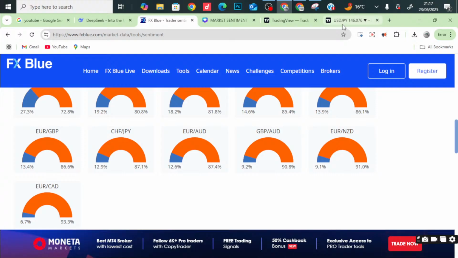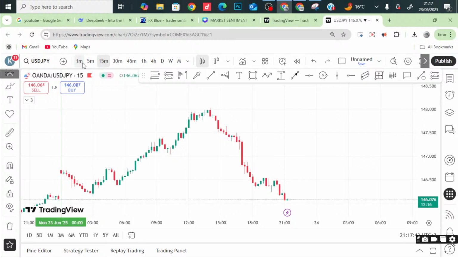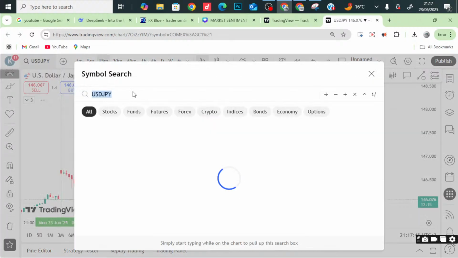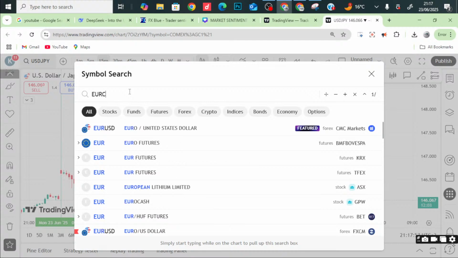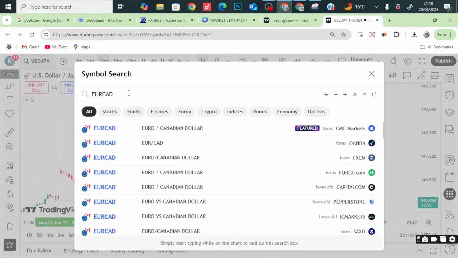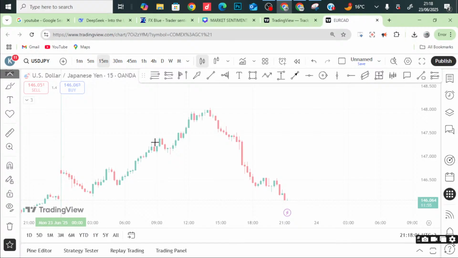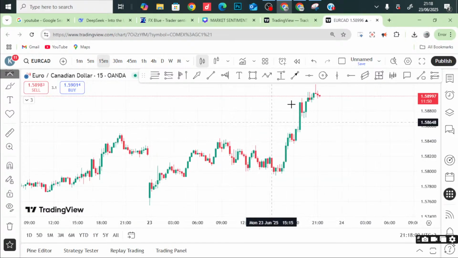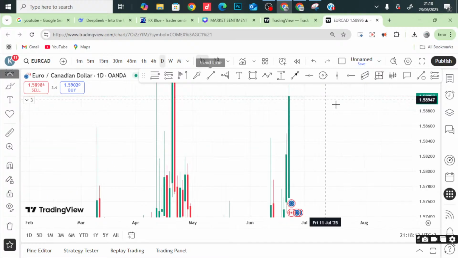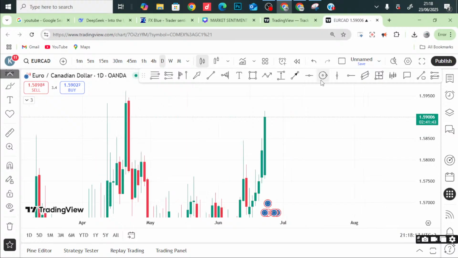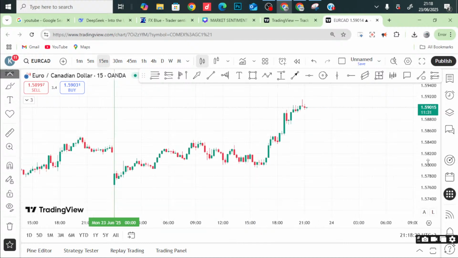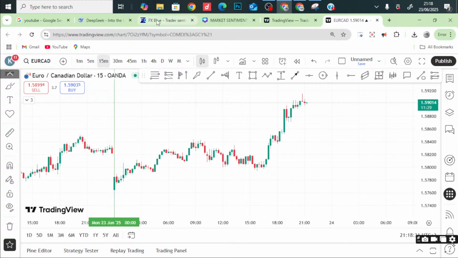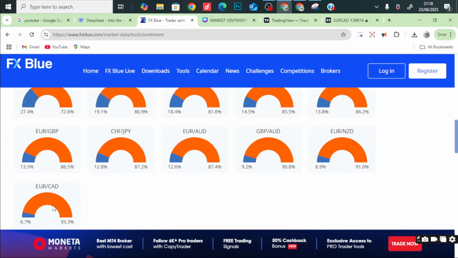Look at Euro. The market was bullish, and yet the sentiment was bearish.